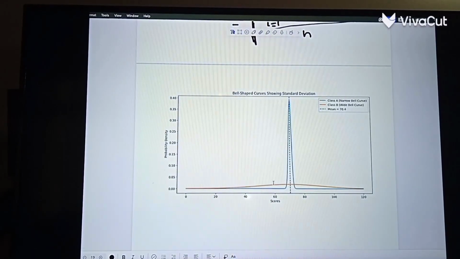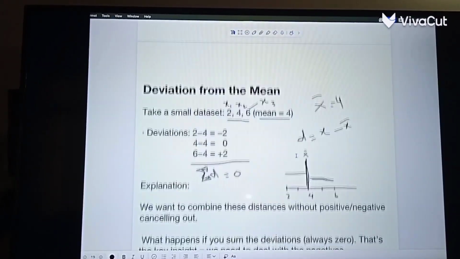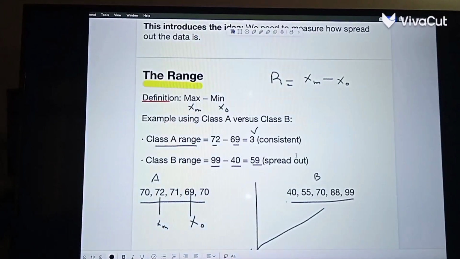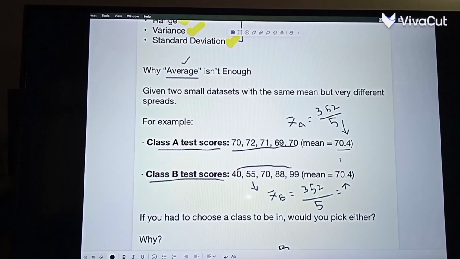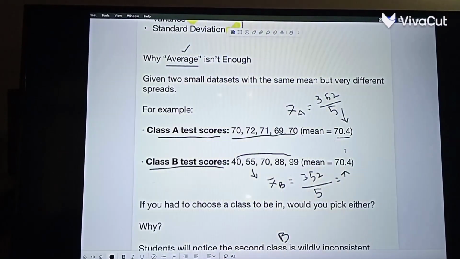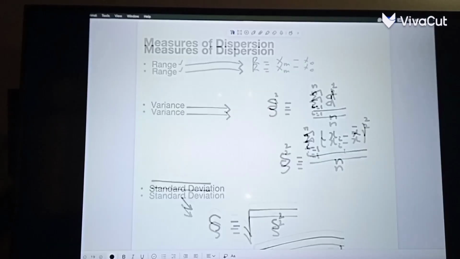At the end, let's consider the plot of the two different data sets, data set A and data set B from the first example, class A test scores and class B test scores, for which the mean was the same, 70.4.